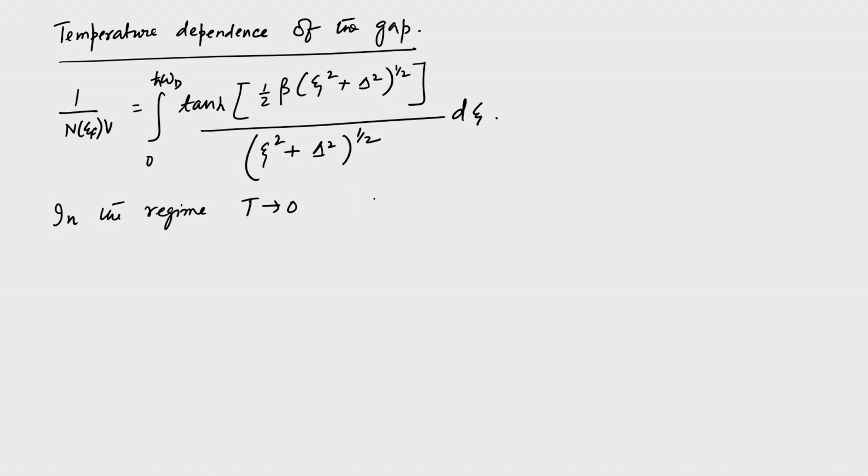This temperature variation is exponentially small, and it goes as exponential minus delta over kT, which is almost equal to 0. So, basically the temperature variation is 0, where this tan hyperbolic term is very insensitive to the temperature variation and stays close to 1. Okay.